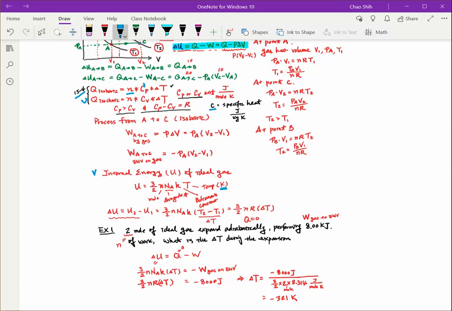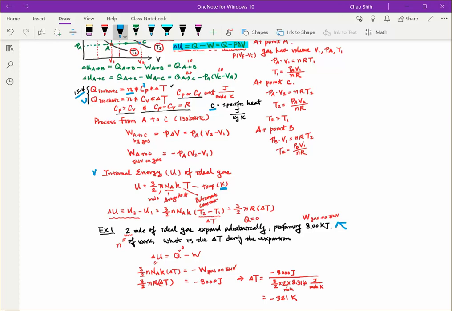So this 8,000 represents gas to the environment. Again, I emphasize this a lot because the subscript really matters. You have to look carefully at what the problem gives you. If they write this work is from the environment to the gas, then you have to use the different sign for the work.